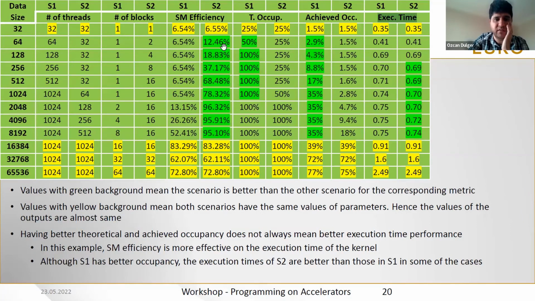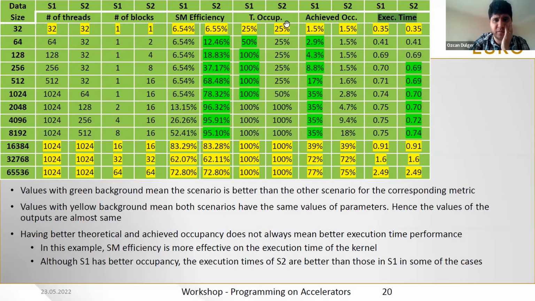For the green ones, the green background means that scenario is better than the other scenario for that metric. So let's look at the SM efficiency metric. The second scenario is better than the first one where the data size is between 2^6 and 2^13.